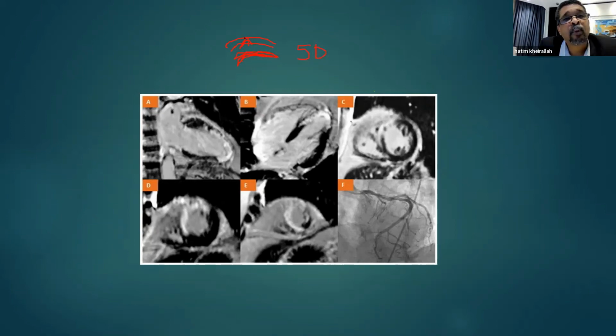Or sometimes it is even transmural, like this one here. So there is transmurality of the delayed hyperenhancement. So in CMR, it's about the transmural hyperenhancement. How much? More than 50%, it's unlikely to be viable.